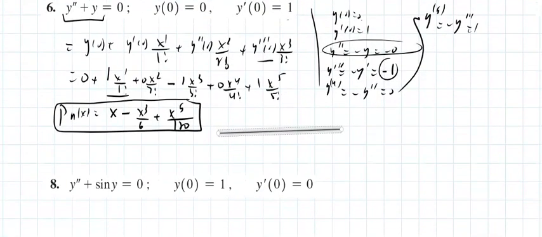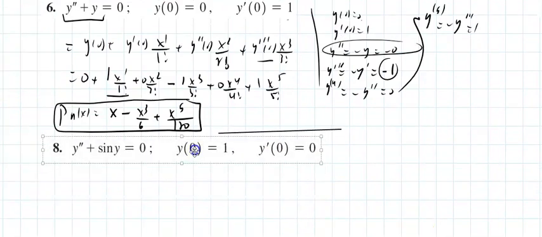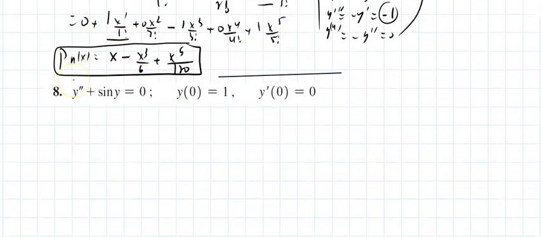So here we're approximating the solution by 3 terms, and we'll talk about what that means when we go through the rest of chapter 8.